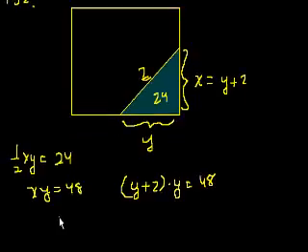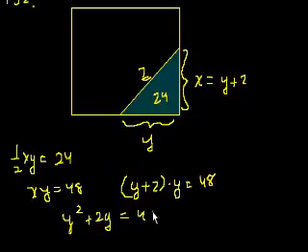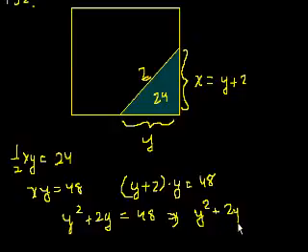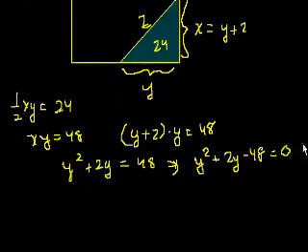And so we get y squared plus 2y is equal to 48. Or y squared plus 2y minus 48 is equal to 0. See, we could factor this quadratic.